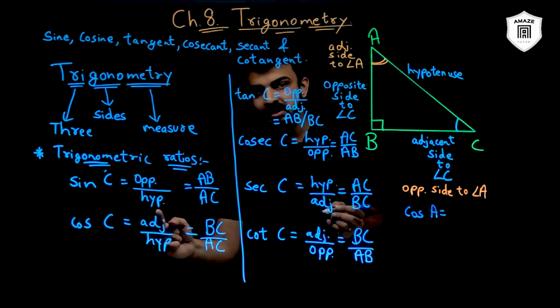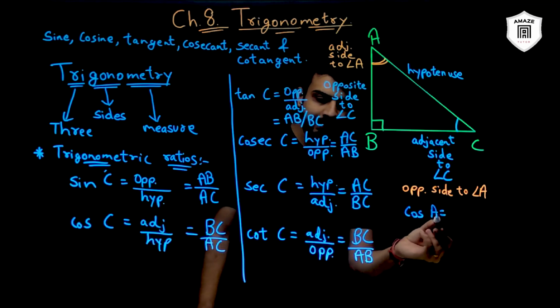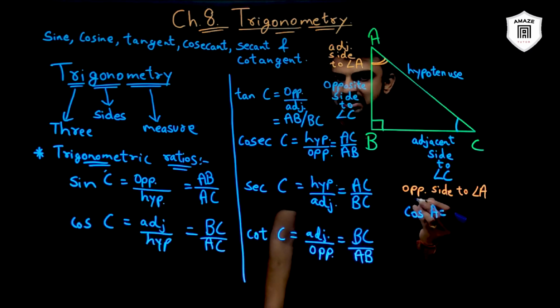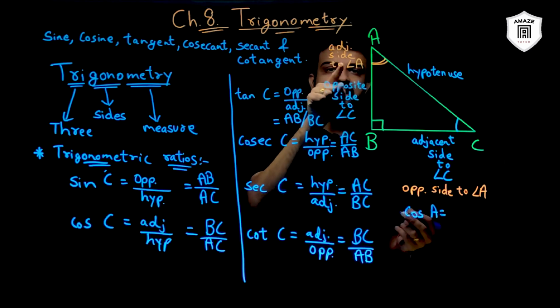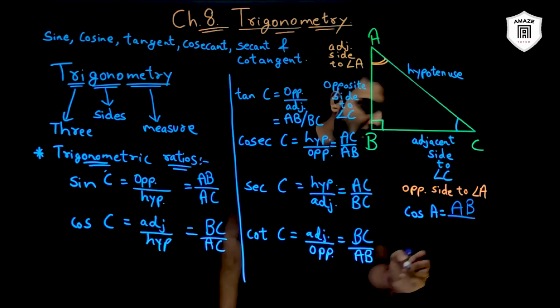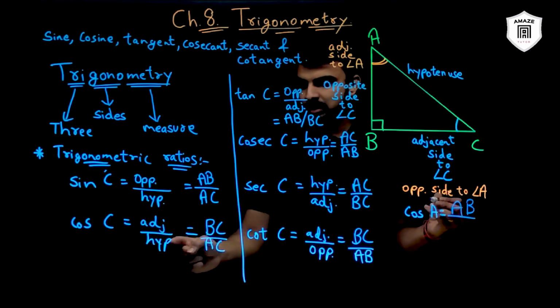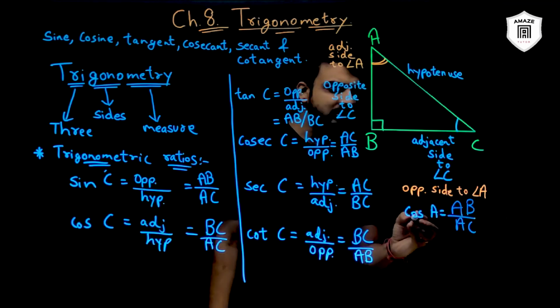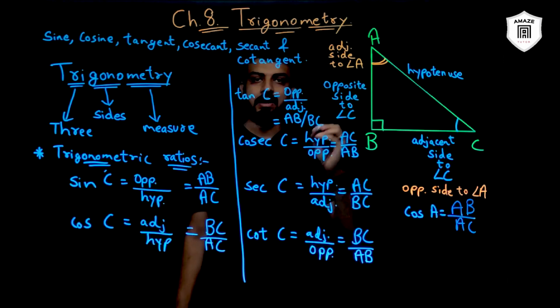Now adjacent is to which angle? Angle A, because I have written A here. So which is the adjacent side to angle A? Adjacent side to angle A is AB. So this becomes AB upon, what is the hypotenuse? Hypotenuse is AC. So this becomes cos A for this triangle.